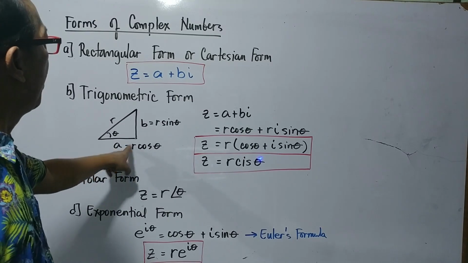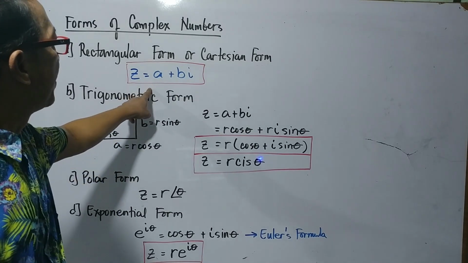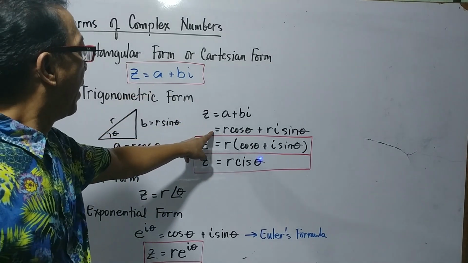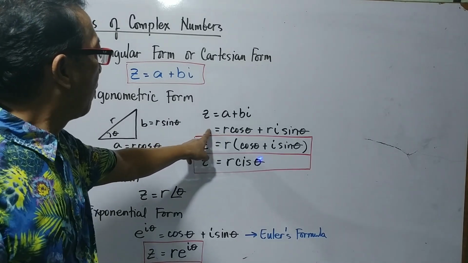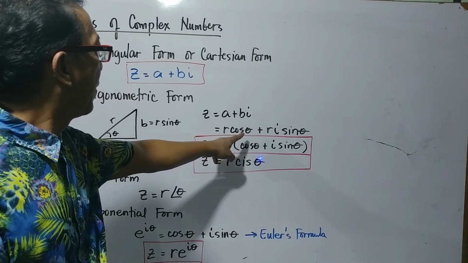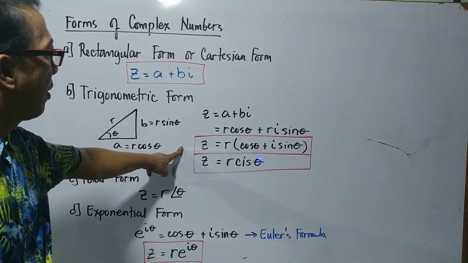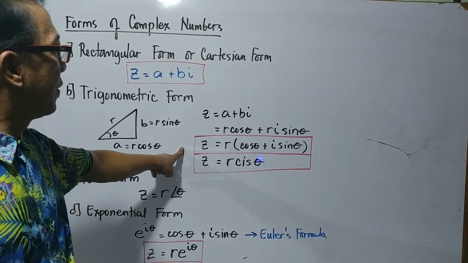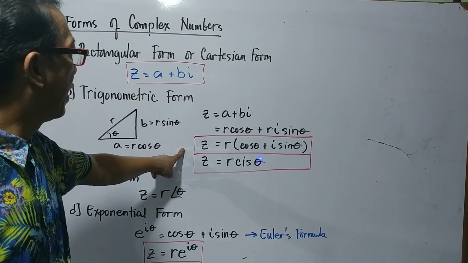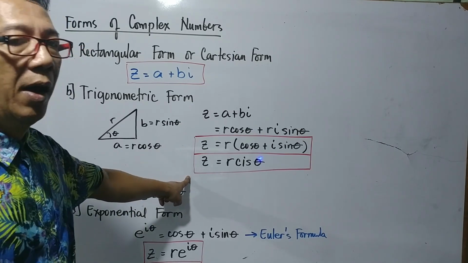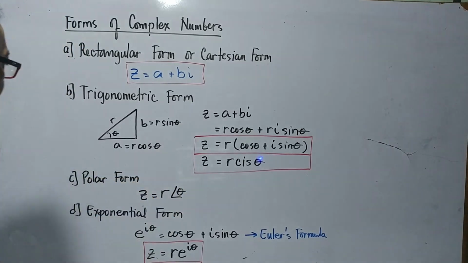Therefore, substituting the value of A and B from Z, we have now Z equals r cosine theta plus r I sine theta. Or Z equals r, the parenthesis of cosine theta plus I sine theta. Or we have r cis theta.